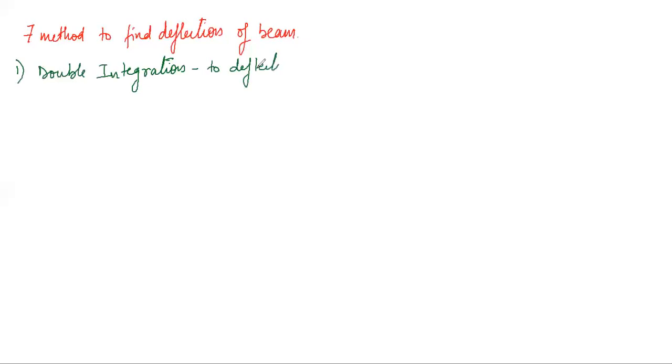The first method is the double integration method, by which you can find deflection anywhere, right?